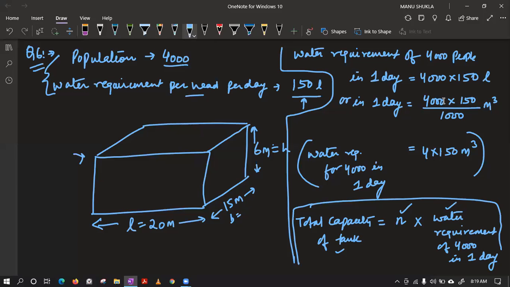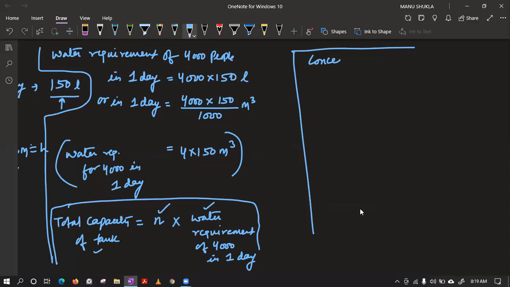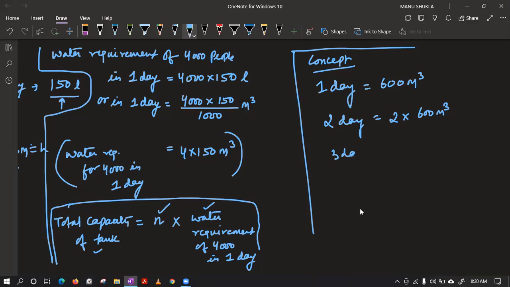How? Let us see. If you want to go by normal method, just for your understanding concept, if normally you will say the one day consumption of 4,000 people is 600 meter cube, so 2 day will be 2 into 600 meter cube. 3 day consumption will be 3 into 600 meter cube, and so on.